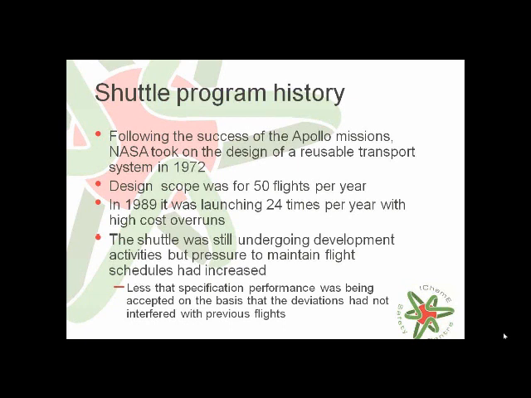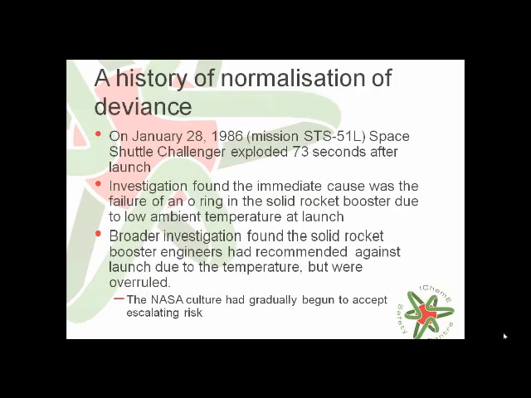Normalisation of deviance in NASA predated the Columbia incident. There are striking similarities with the cultural acceptance of deviation that extended back to the Challenger incident. Challenger, or mission STS-51L, had been delayed several times and pressure was mounting to launch. There was also a lot of media focus and the Space Shuttle program was striving to become more relevant.